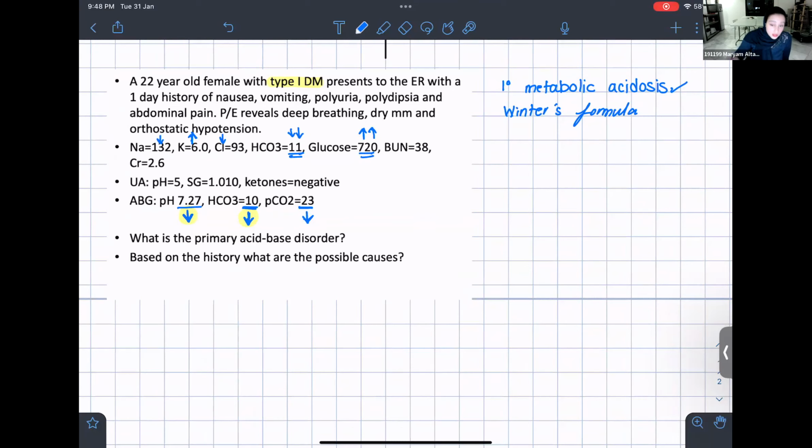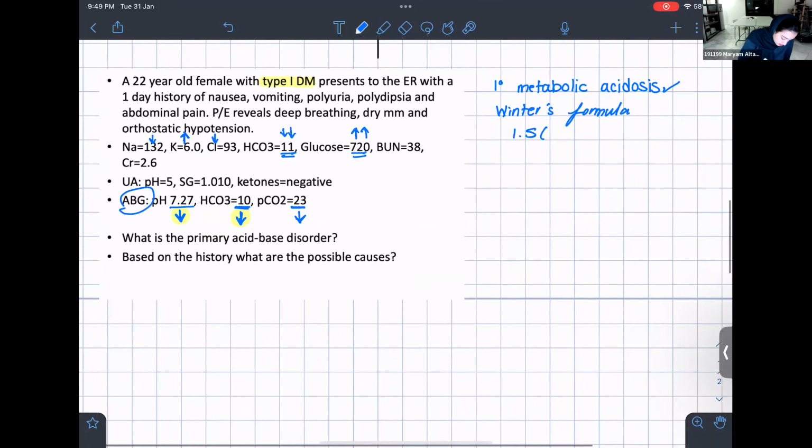Okay, so Winter's formula is 1.5 times bicarb. What is bicarb? Usually the one in the ABG is better, 10. And then plus 8, plus or minus 2. So that's 15 plus 8, which is going to be 23, plus or minus 2.